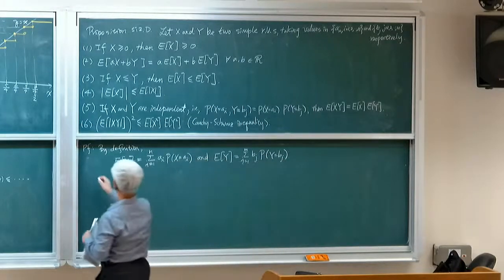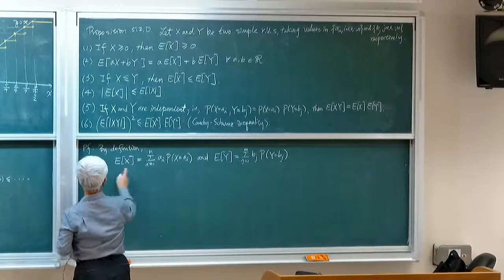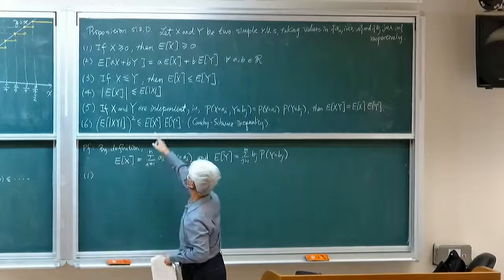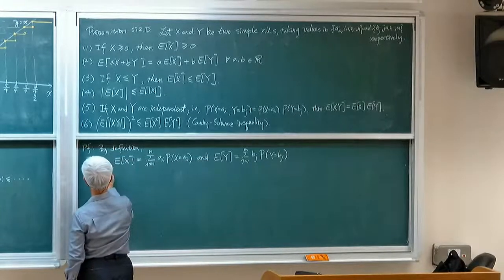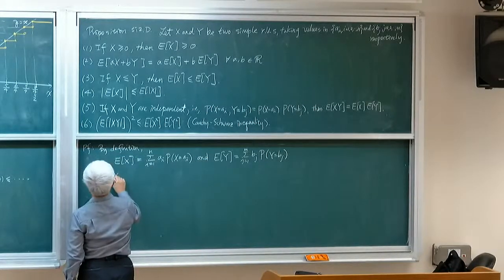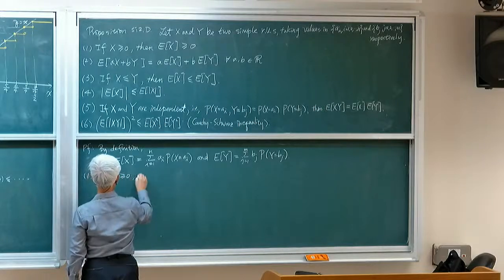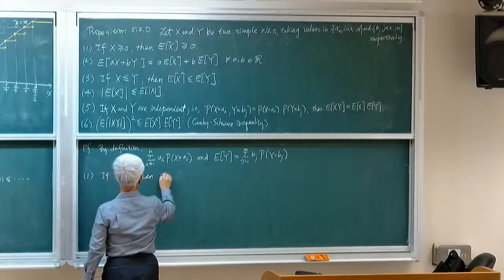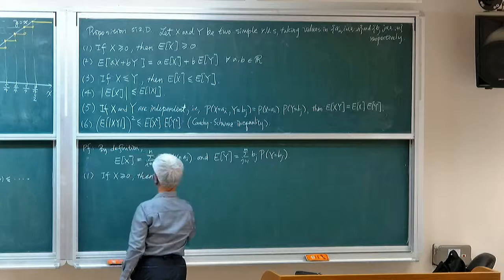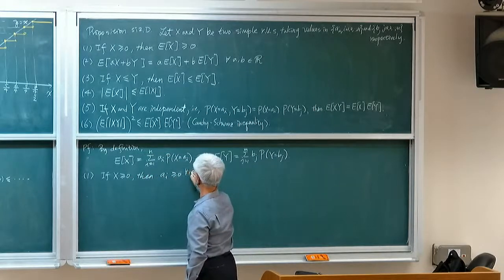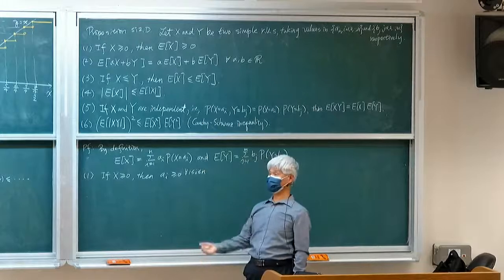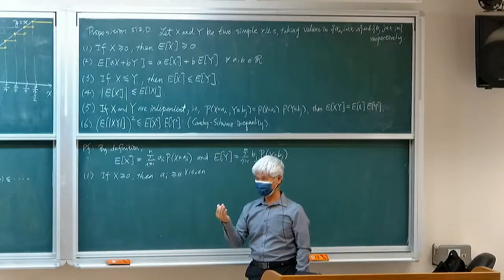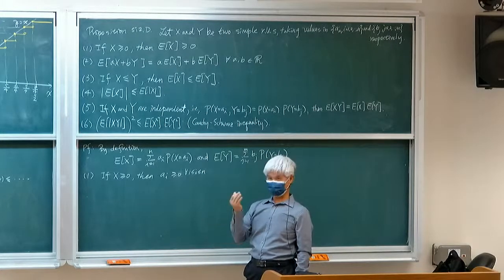So the first one, of course: if X is greater than or equal to 0, then ai will be greater than or equal to 0 for all i from 1 to n. This is the definition of non-negative, because its values are always non-negative.